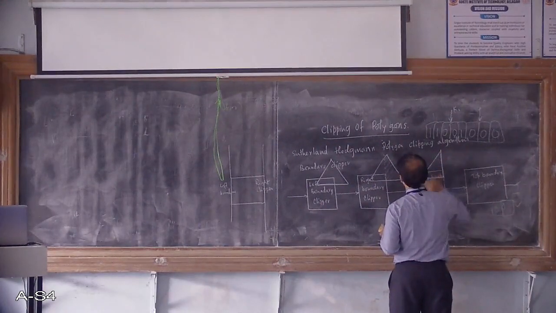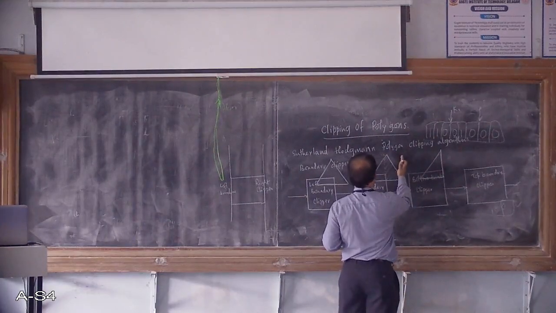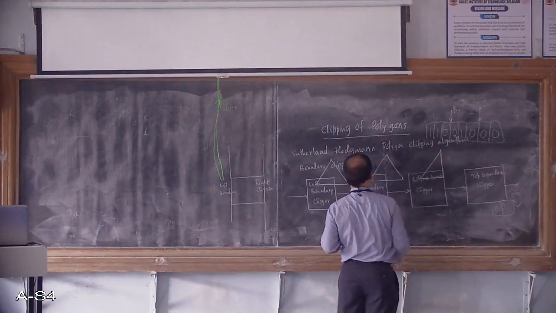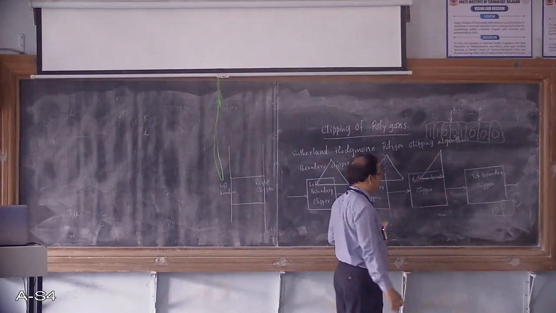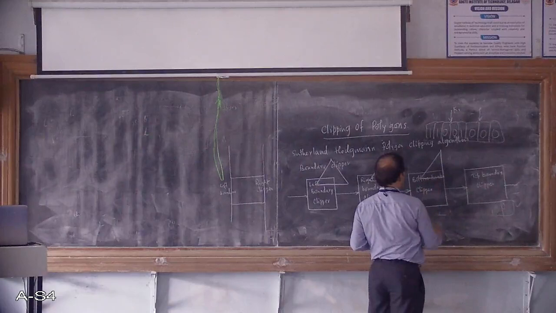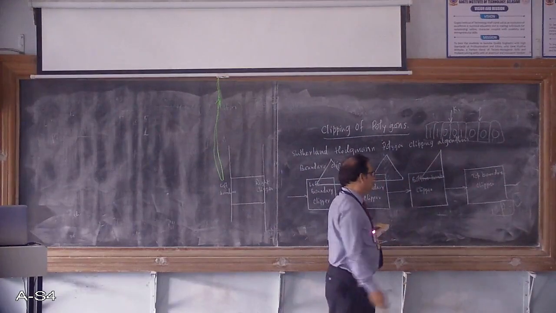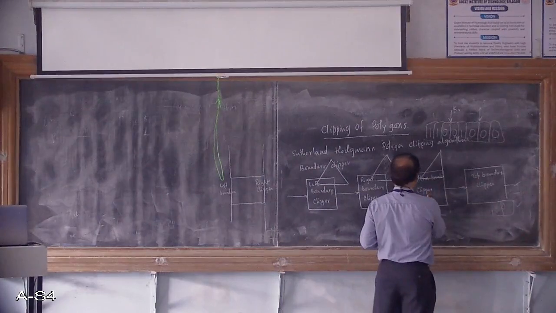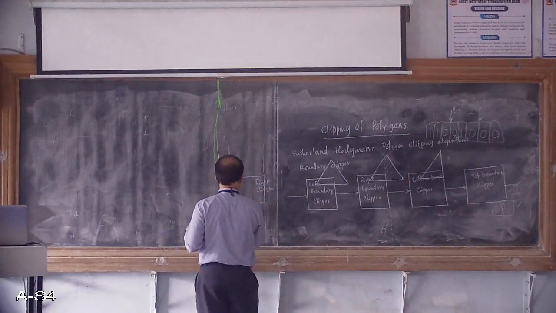So this is the visible portion. Anything to the right is simply eliminated, and anything to the left of this right boundary will be retained without any change. This result will now be applied to the next boundary clipper, that is the bottom boundary clipper. The bottom boundary clipper is now this one.